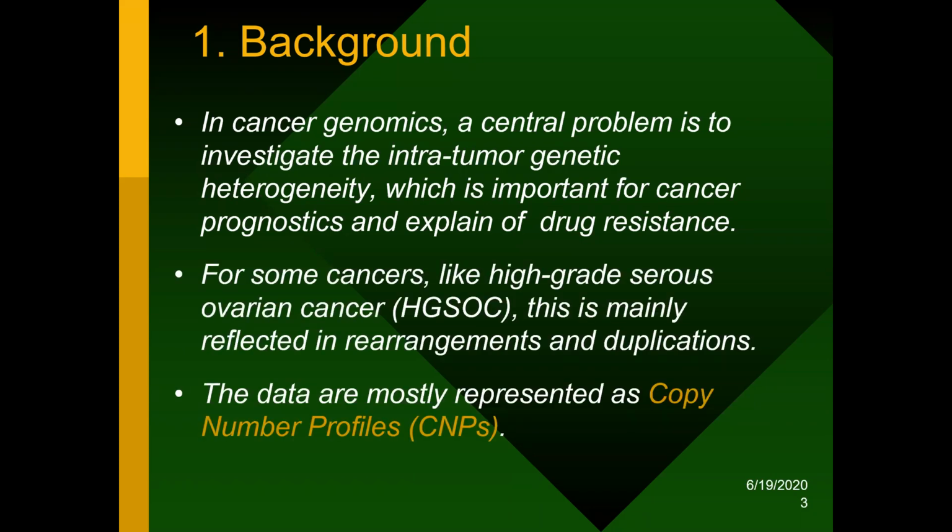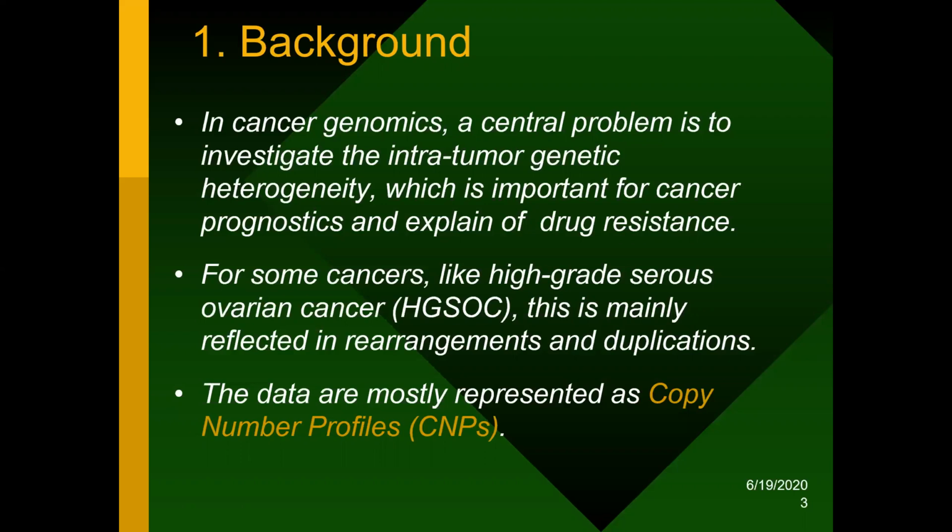The reason why we use copy number profiles is that for some cancers, like HGSOC, high grade serous ovarian cancer, in the later stage you would see a lot of rearrangements and duplications in the genome.